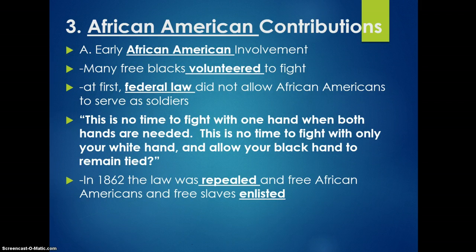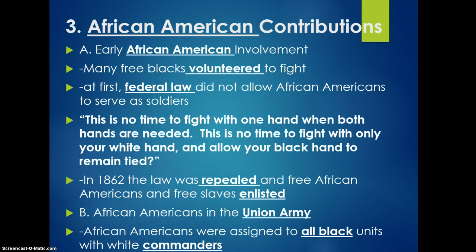In 1862, this federal law is repealed, and you have African Americans and free slaves that will eventually escape through the Underground Railroad and enlist to fight for the Union. What's unique about African Americans that participated in the Union was that they were in mainly all black regiments, and these regiments were led by white commanders.